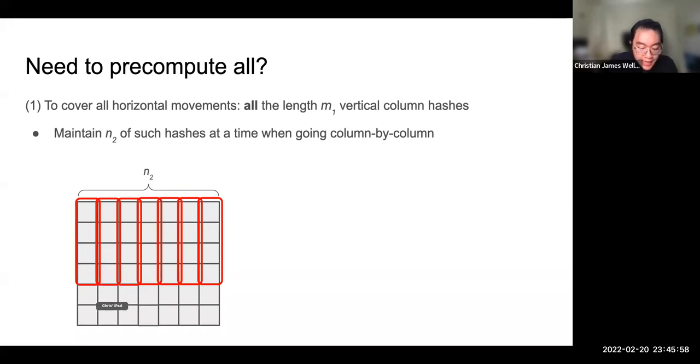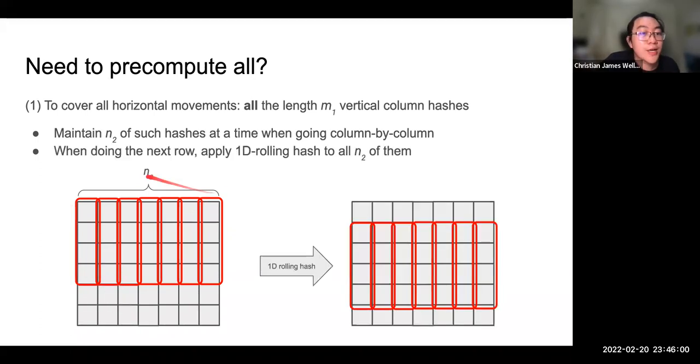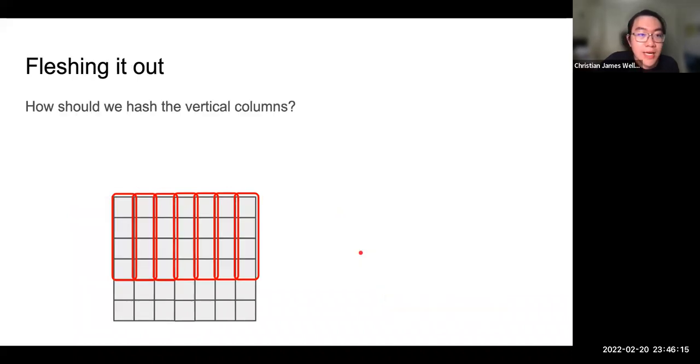You can just apply the 1D rolling hash to all N2 of them. And this is fast, this is O(1), as you've seen in lecture. So you don't need to pre-compute everything, but rather just apply it as needed.